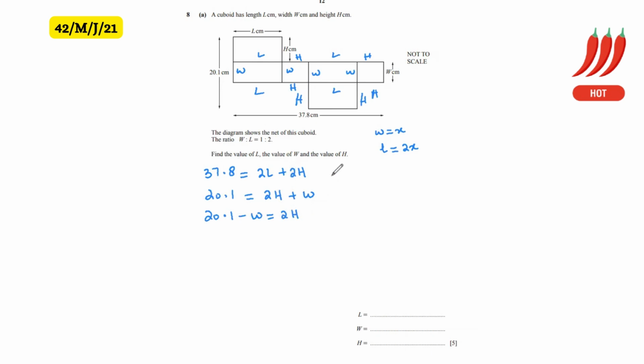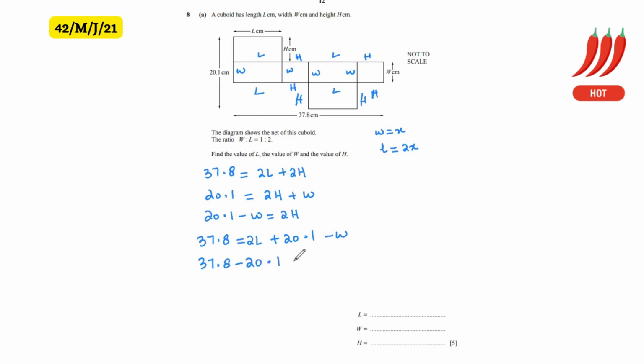Substitute this in the first equation. So that's going to be 37.8 equals to 2L plus 20.1 minus W. Take the 20.1 to the other side.